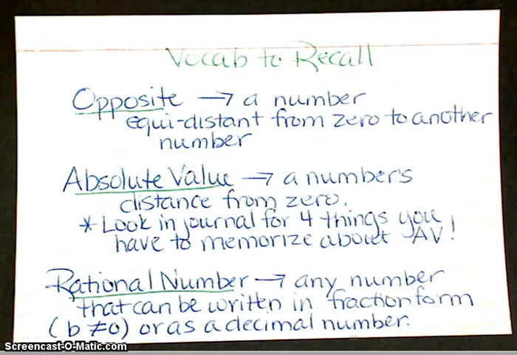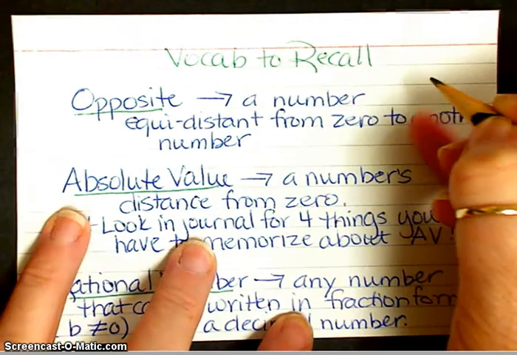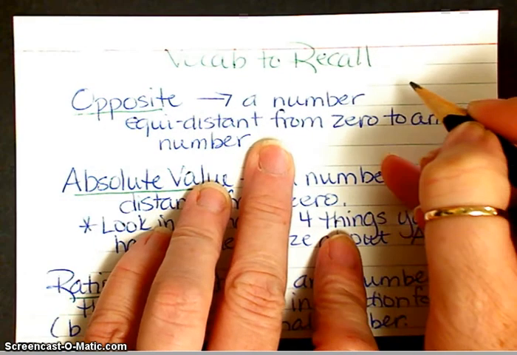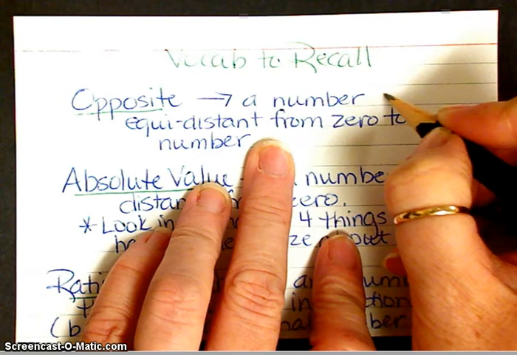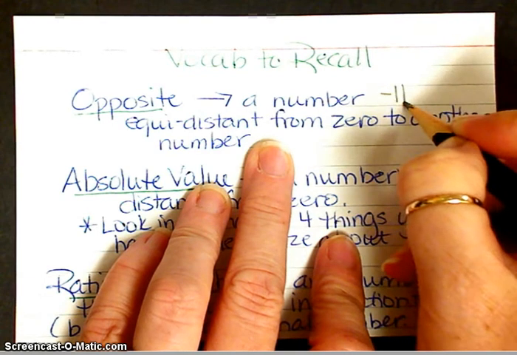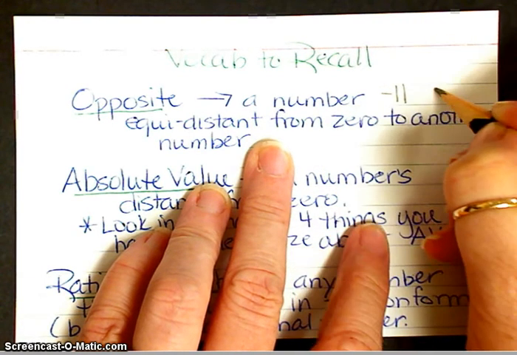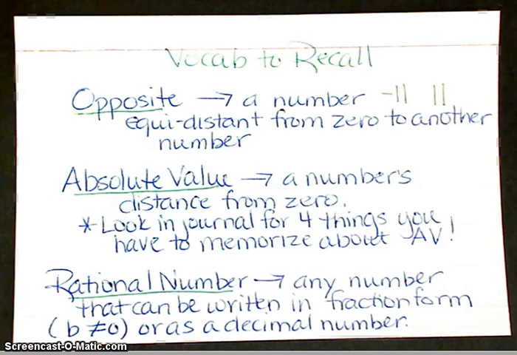They're equally far from 0 to another. That's the opposite. So an example for that would be, y'all know I have 11 kids, so I will use this number. Negative 11 has an opposite of positive 11. Those are opposites.